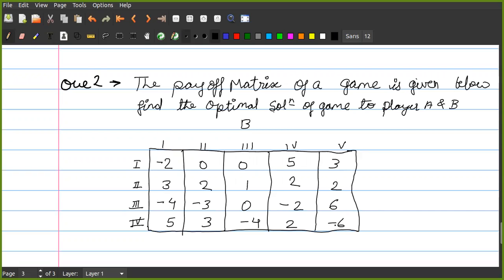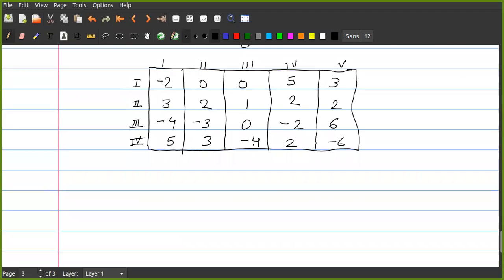So if this is the problem, the first thing we need to do is find the minimax value or maximin value. So how to find the maximin value? You have to write the row minima. You will again draw the table and write the row minima.